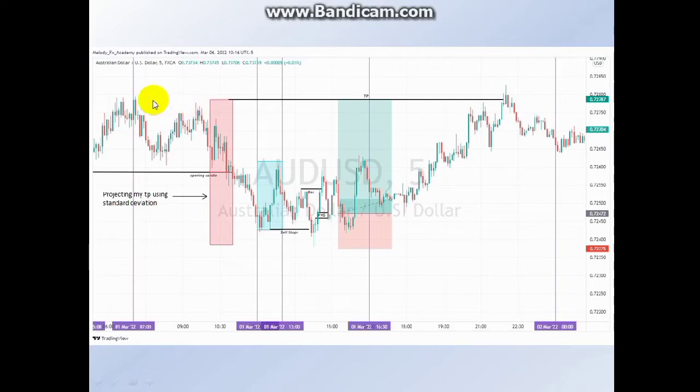So you can just project for old highs, or what I did here was I took the range of the movement below the opening candle. I measured the range out, and I duplicated it upwards, okay.